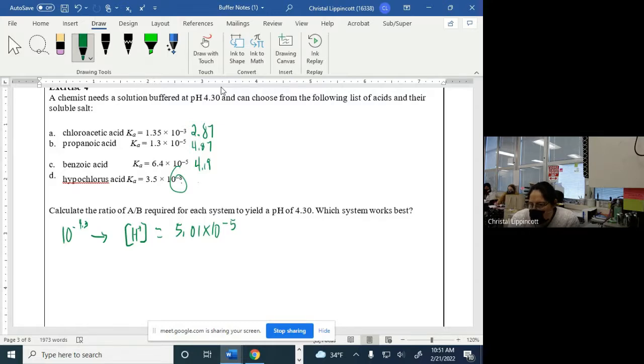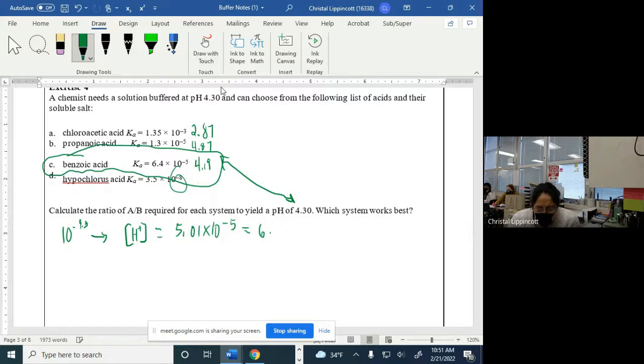And that's going to be equal to my Ka, and we said that we liked this Ka best because it was closest to this 4.3. These two are very close to one another, so that is why I picked that one when I did my pKa.